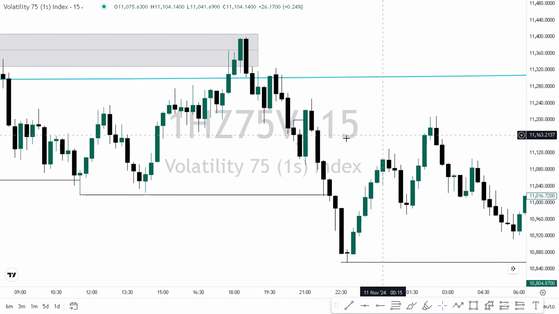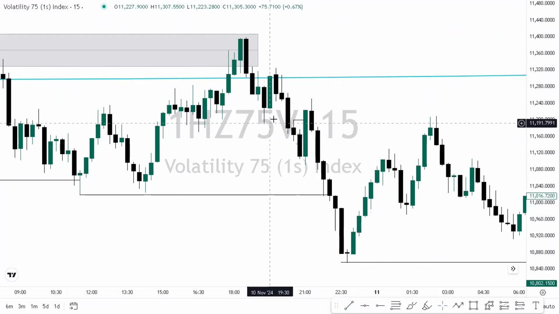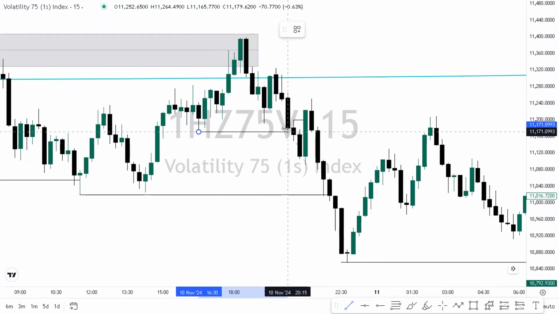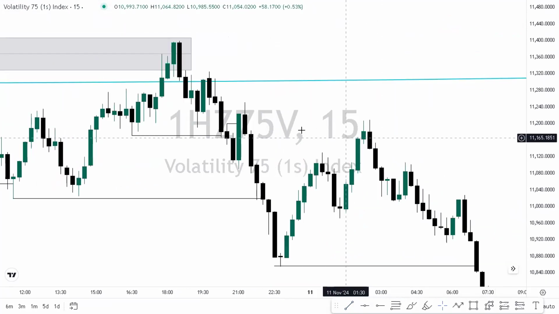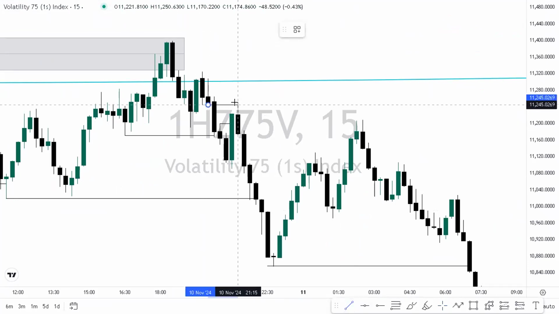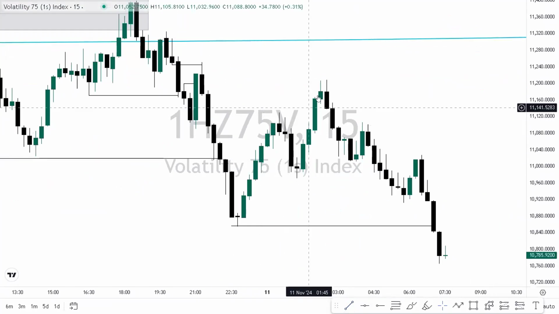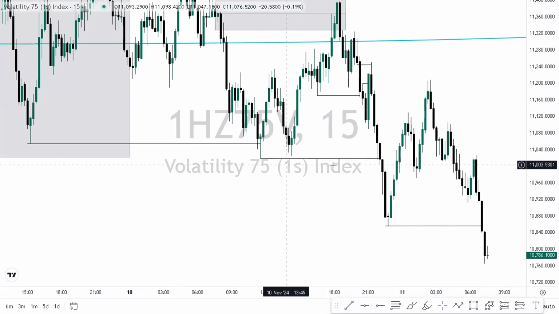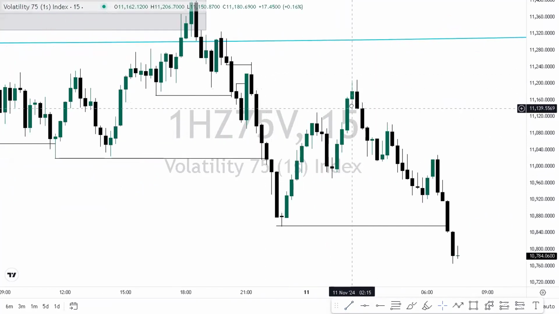Now, for me, there is a high that formed after this break on the lower time frame, right? Then I'll go through this, in as much as we're having a high that is on the lower time frame. You take note, we also had imbalance here, right? Then we have a breakthrough, a POI mitigation.